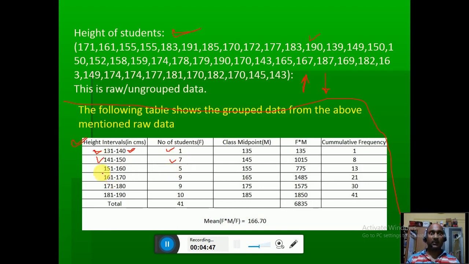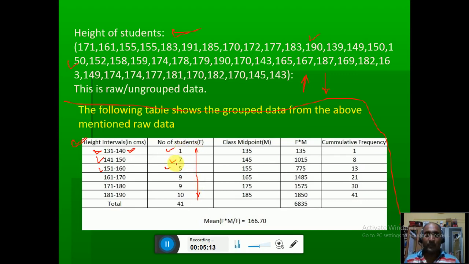Then between 151 and 160 we got 5 readings. This way we count all the numbers in the ranges. There are 41 actual readings we have taken, so this total must be equal to 41, and we got 41 here. It means we have recorded all the numbers.